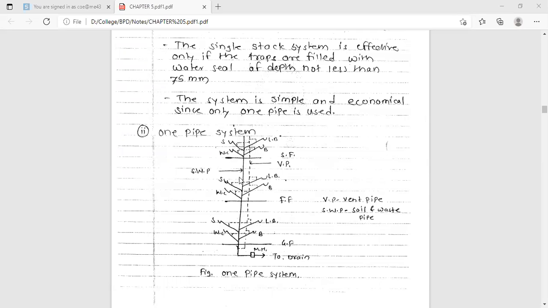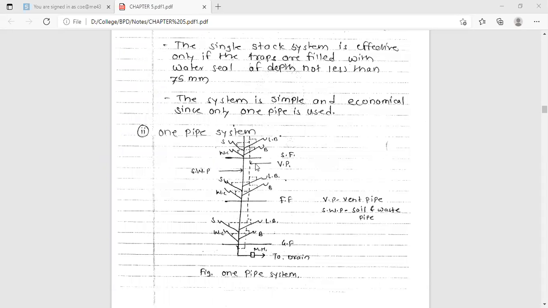But here one separate vent pipe is provided to carry the foul gases and increased temperature. Okay, whatever hot air is there, that also gets escaped or removed through the vent pipe.